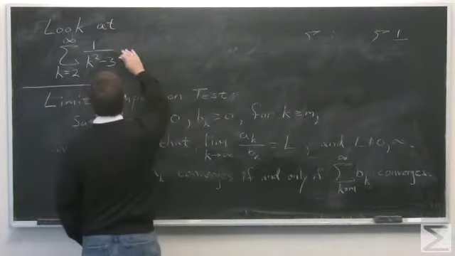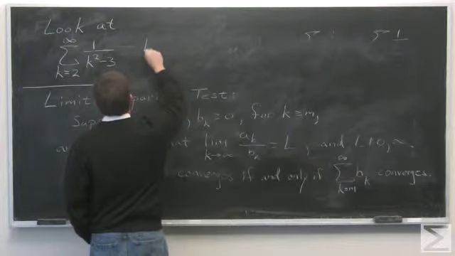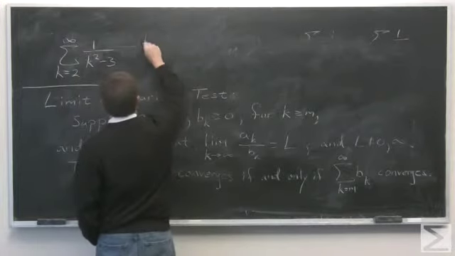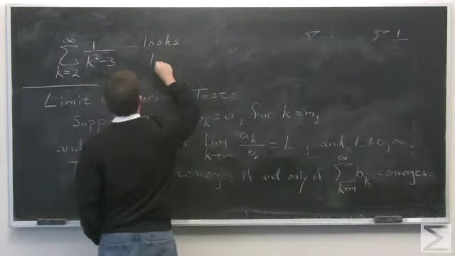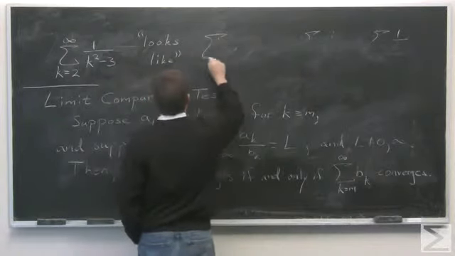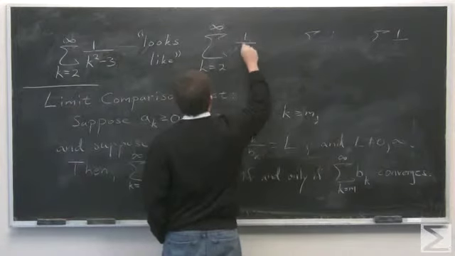So you look at this and you think, when k is big, this looks like, I'm going to put this in quotes, looks like this series when k is big.